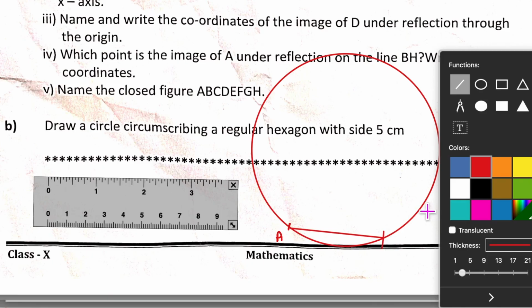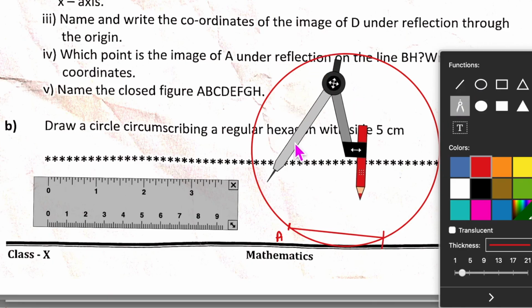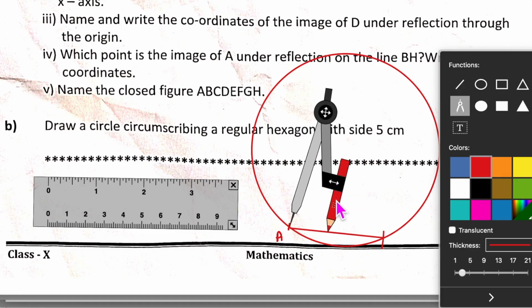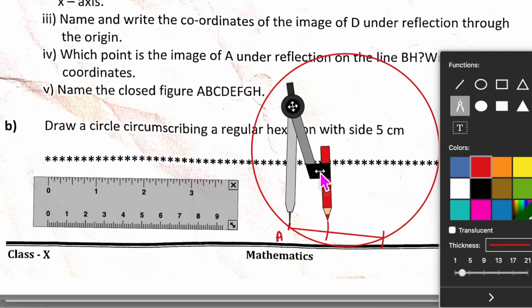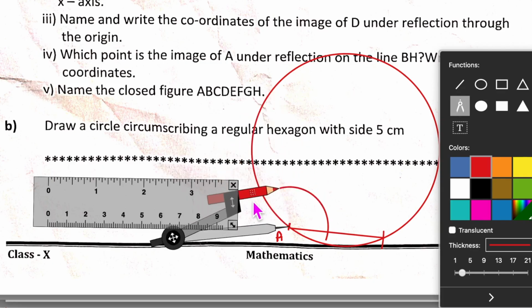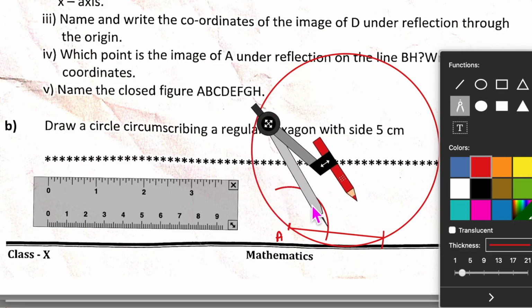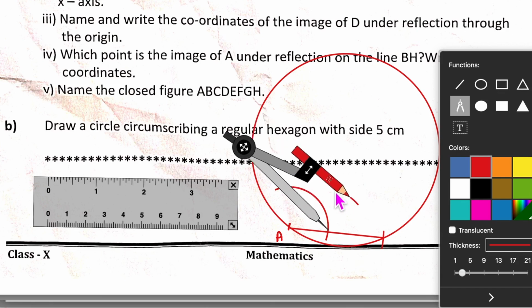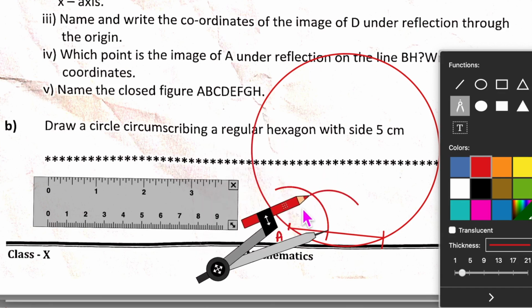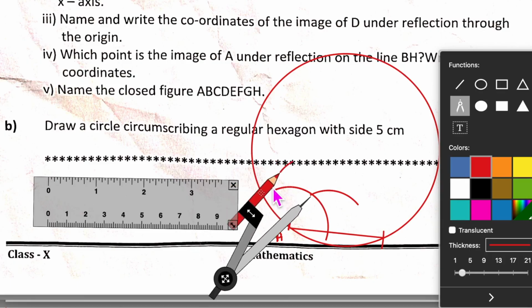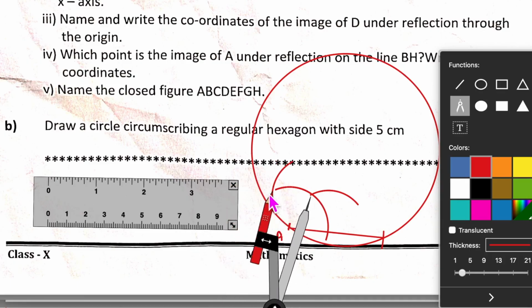Just make sure that you are doing this properly. Then you'll take your compass and draw. From here to here, same radius, and from here to here, same radius. Mistake happened.